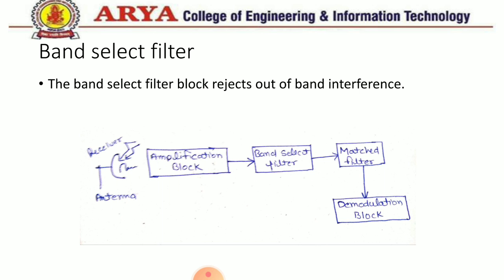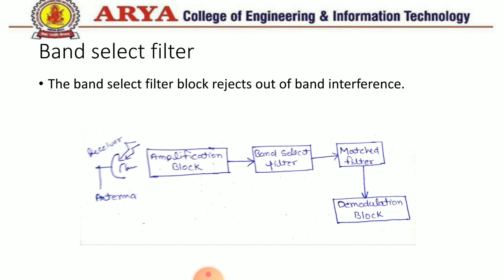So the role of this block, for example, if I say the radar transmitter transmits the signal and the transmitted signal is reflected by some targets. Here some targets are desired and some targets are undesired. For example, the desired targets are a car and an aircraft.